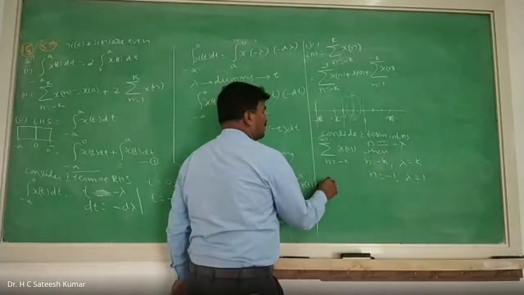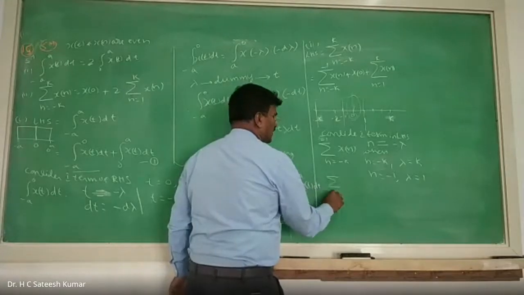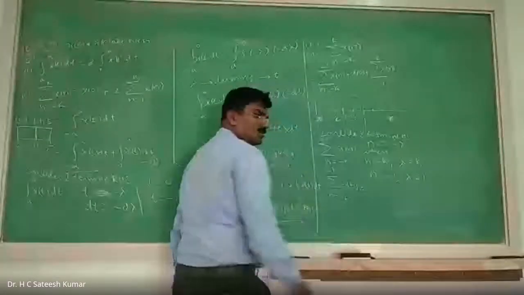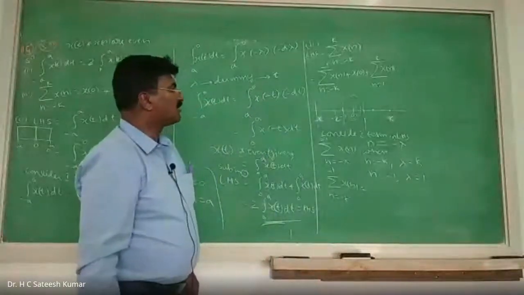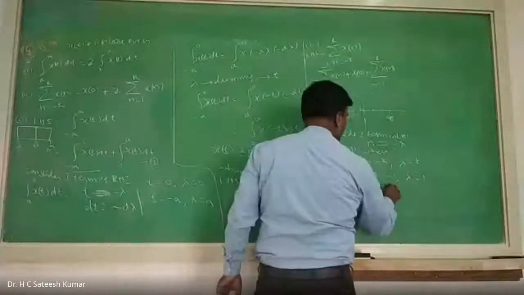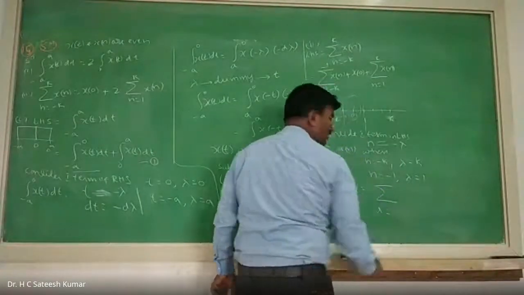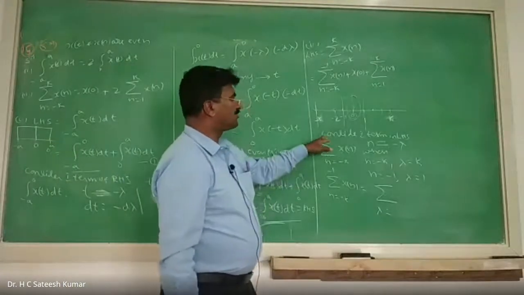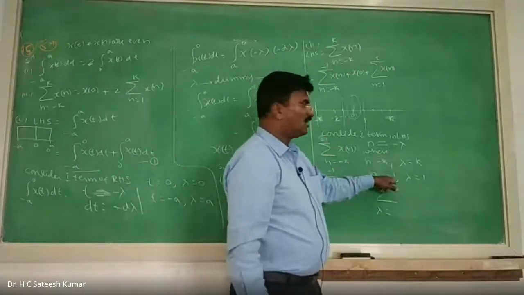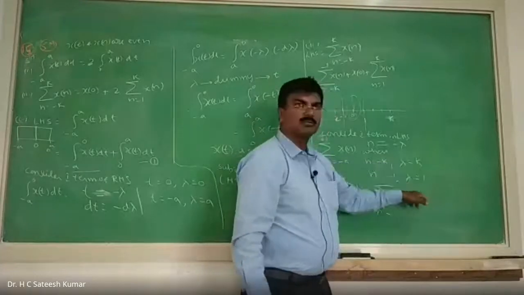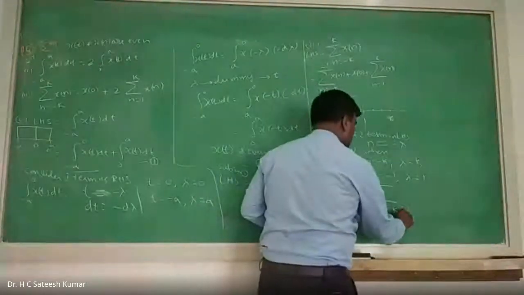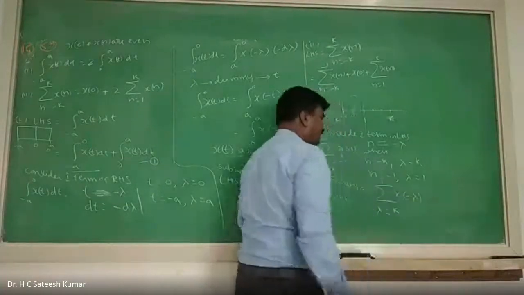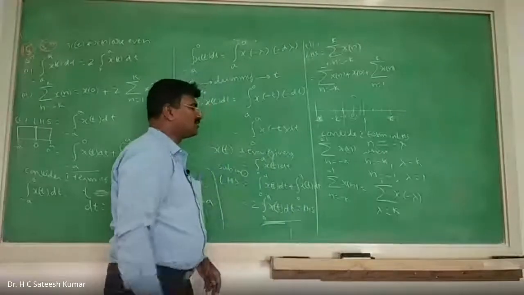Therefore, LHS is nothing but summation n varies from minus k to minus 1 x of n, which is equal to summation lambda ranges from k to 1 x of minus lambda, because n is equal to minus lambda.